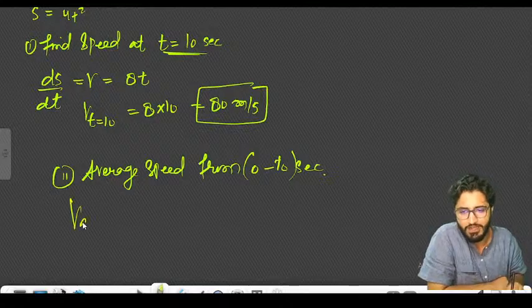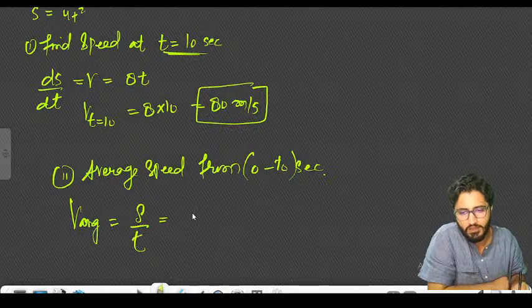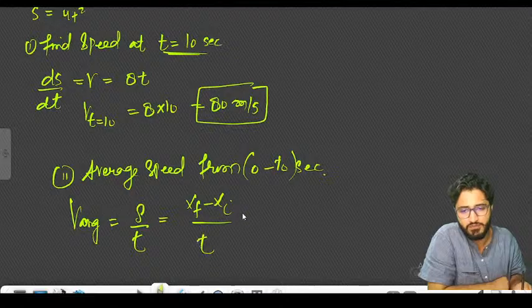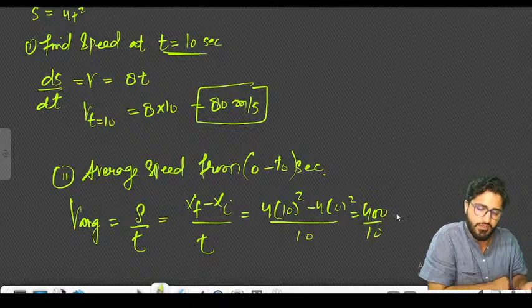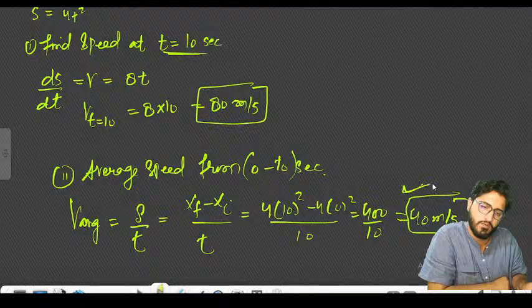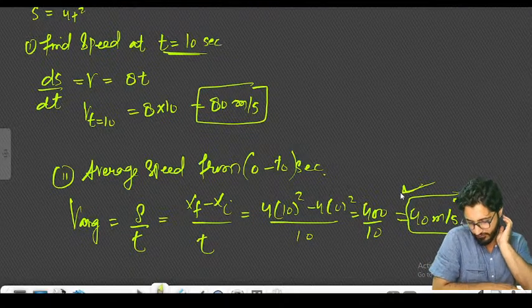I can write V average equals distance by time, or x final minus x initial by t. What is x final? It will be 4 times 10 square minus 4 times 0 square, divided by 10. It is 400 by 10. Answer is 40 meter per second. Easy or way more than easy?